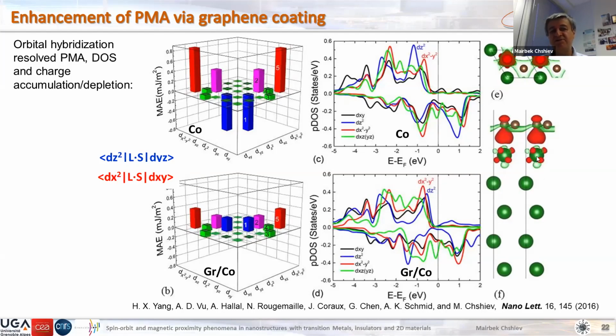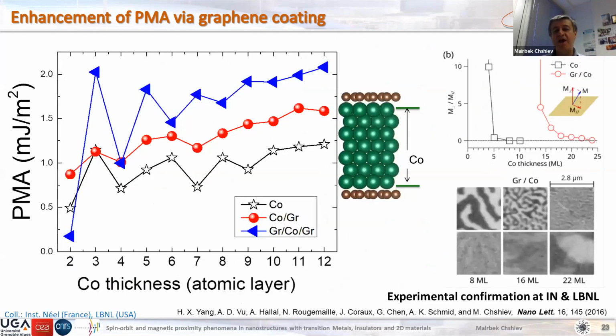And what you see here is also charge accumulation and depletion contour plots, and you can see how the graphene bonding is formed, etc. So that was an insight into why graphene is boosting the perpendicular magnetic anisotropy. And our colleagues at Neel Institute, Nicolas Rougemaille, Johann Coraux, and our collaborators in the United States, Gong Chen and Andreas Schmid, did a very nice experiment, and they actually fabricated the structures.